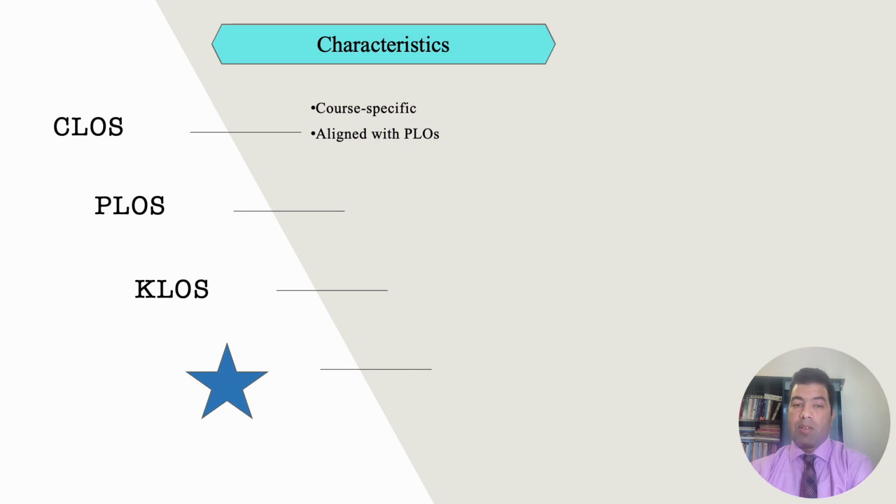Whenever you are going to develop the course learning outcome, we must keep in mind the alignment of the course learning outcome with the program. Also, it should focus on skills, knowledge, or competencies. Yes, the course should have three aspects: skills, knowledge, and competencies.